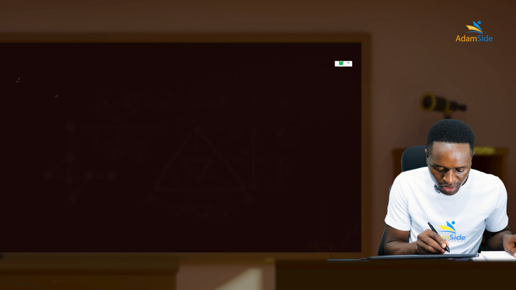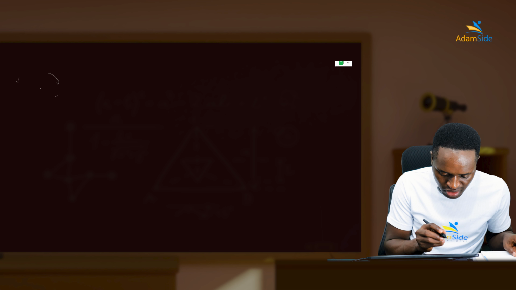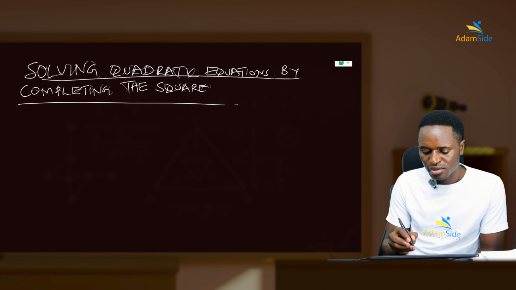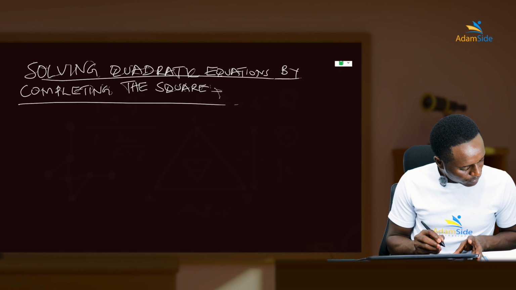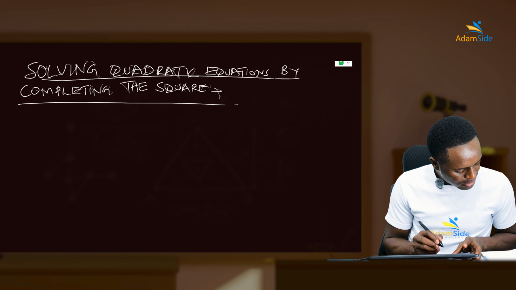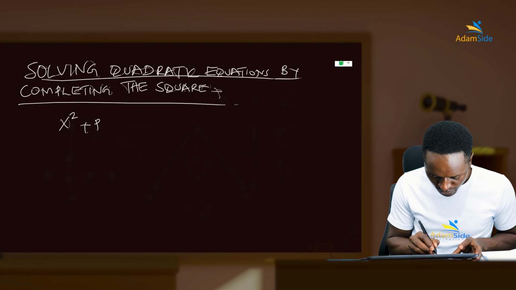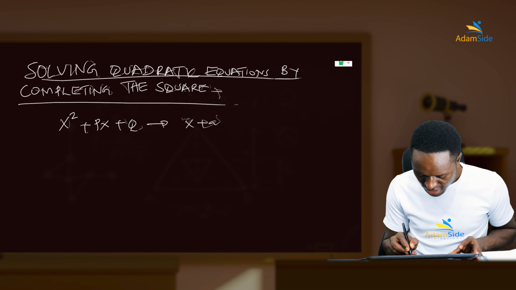So which steps do we have? Three basic steps. The topic of today is solving quadratic equations by completing the square. For example, you're given an equation x squared plus px plus q, to be written in the form x plus a squared plus b.